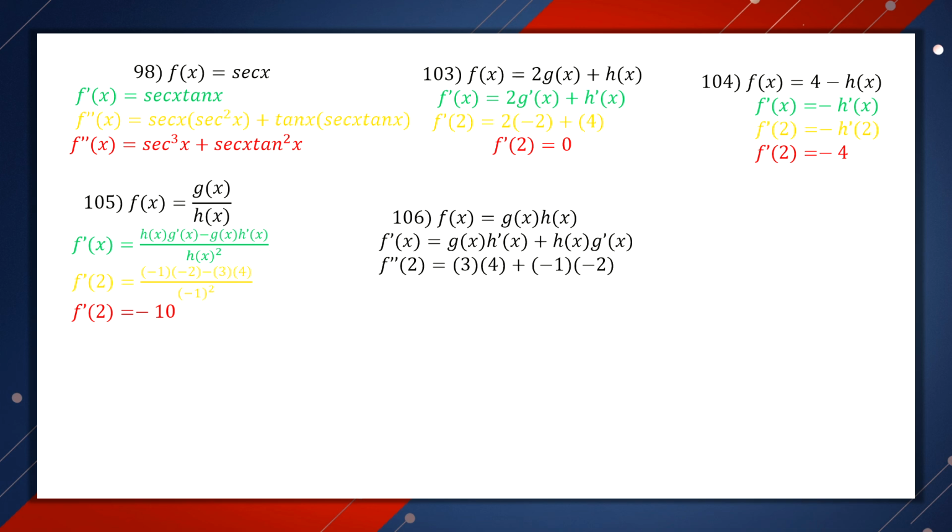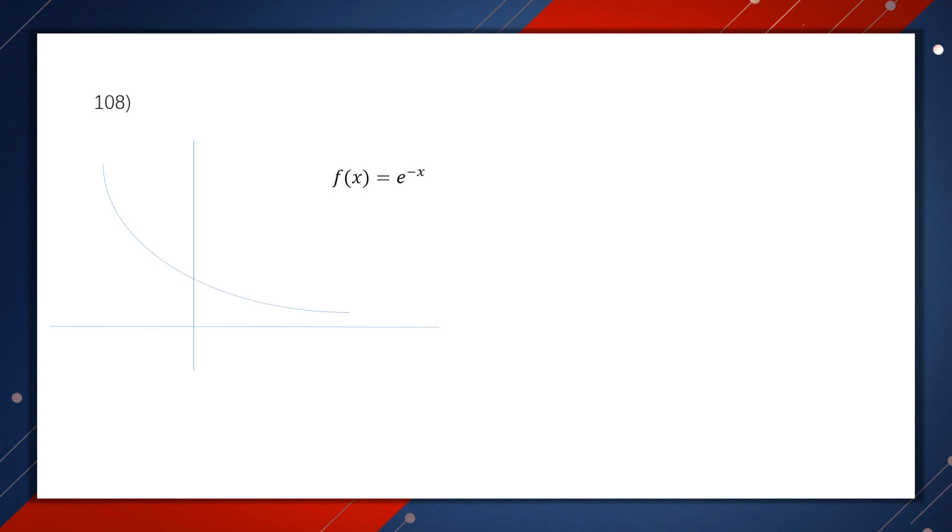So it becomes 3 times 4 plus negative 1 times negative 2. So it finally becomes f derivative 2 equal to 14. And this is the graph we need to draw. So just use your calculator.